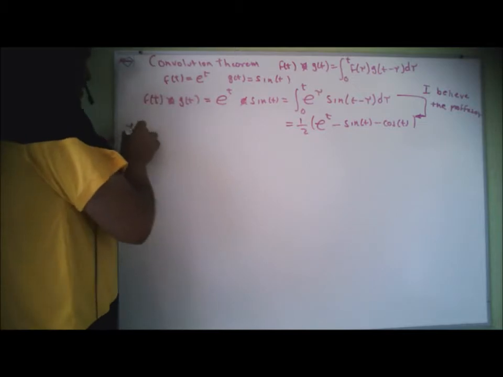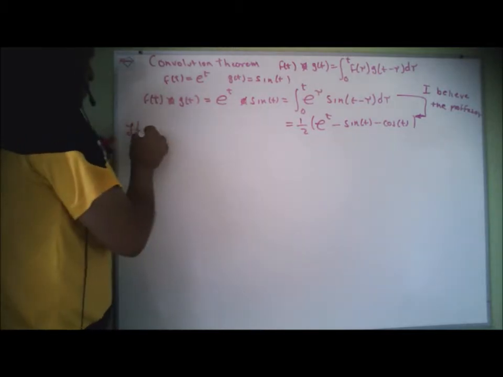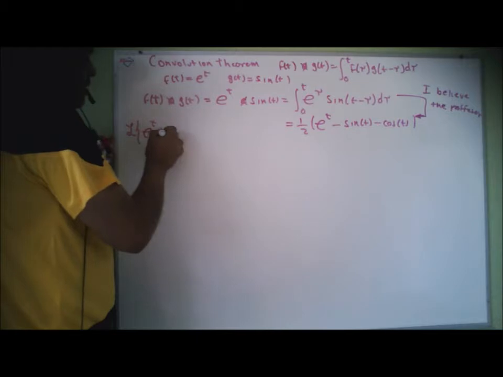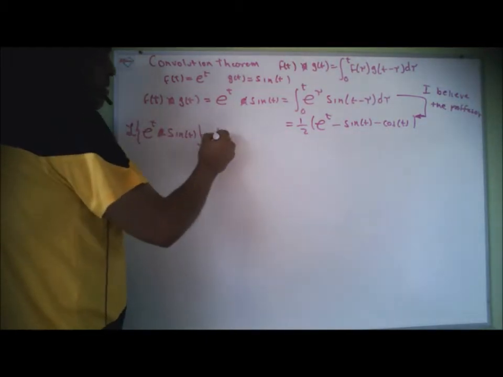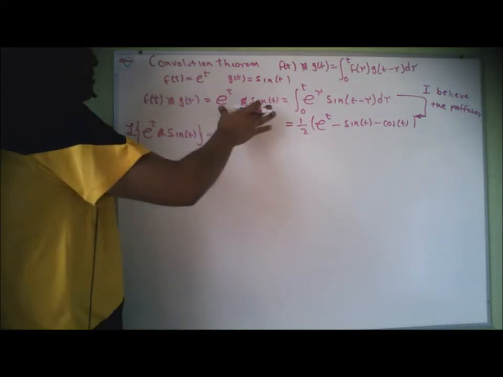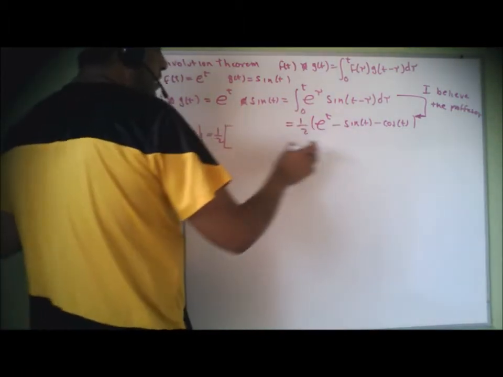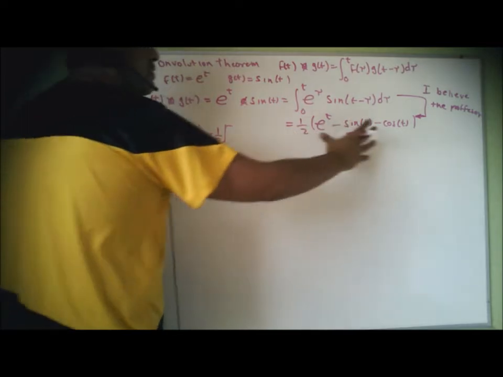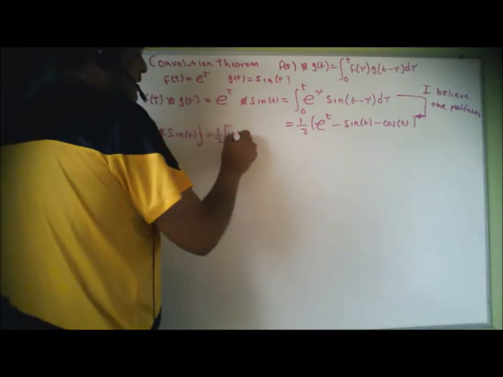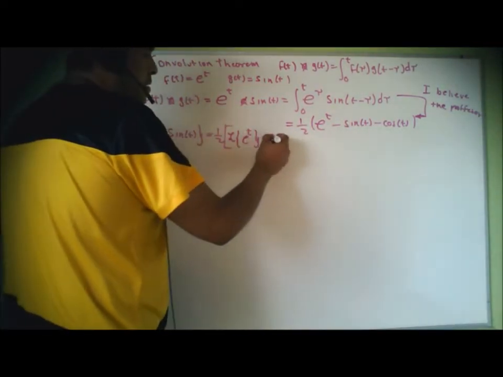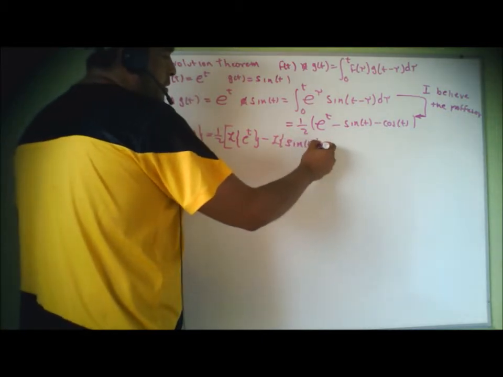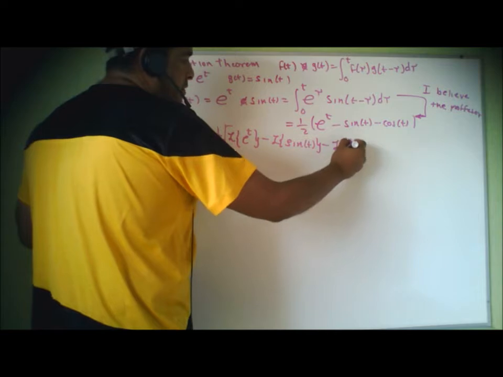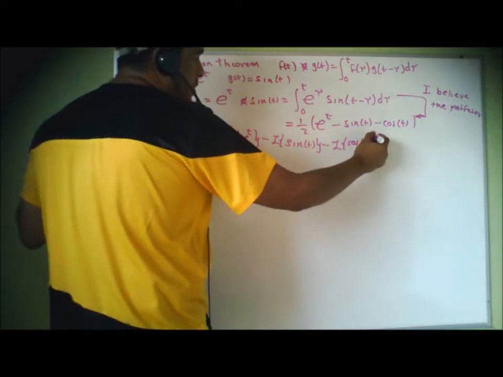What will be the Laplace transform of this exponential of t convolution with the sine of t? It will be 1/2 of, because the result of this convolution is this, the same as making the Laplace transform of this result: the Laplace transform of the exponential of t minus the Laplace transform of the sine of t minus the Laplace transform of the cosine of t.